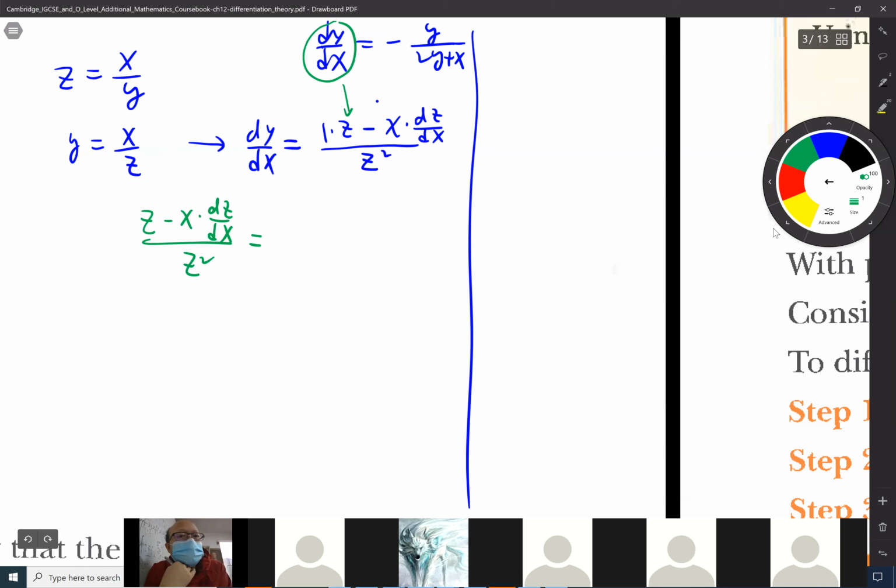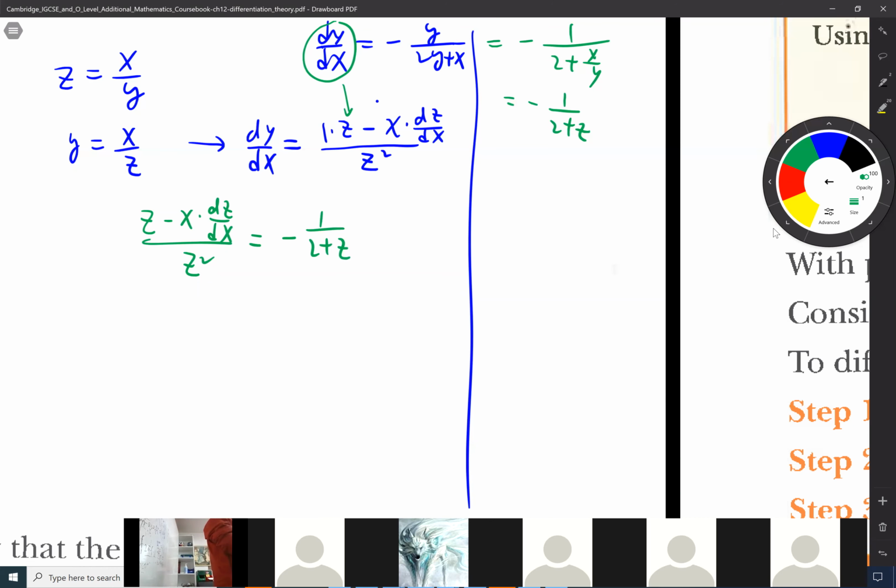Now let's check the right-hand side. You have an easy way. Just divide by y, all divided by y, like here. We just change a little bit for part of the working. Now, still make dz dx the subject.